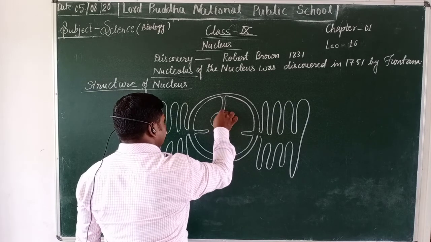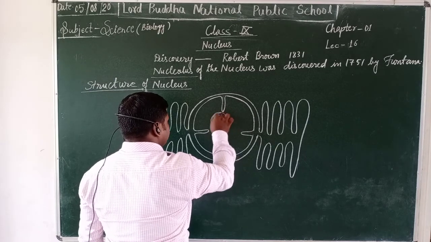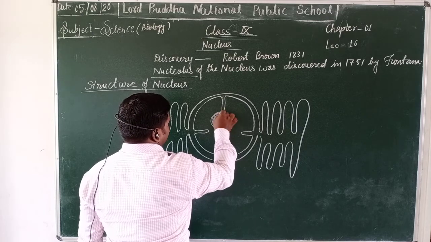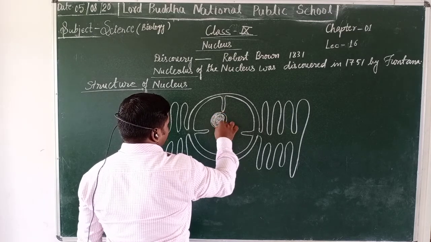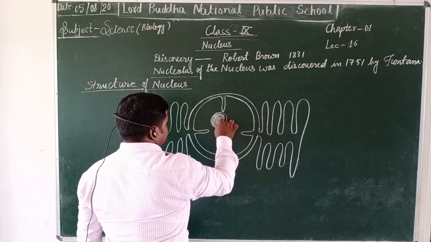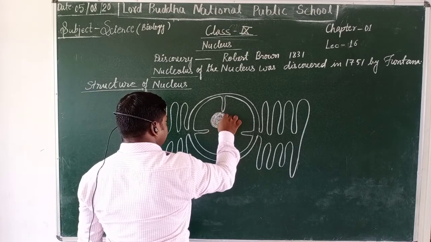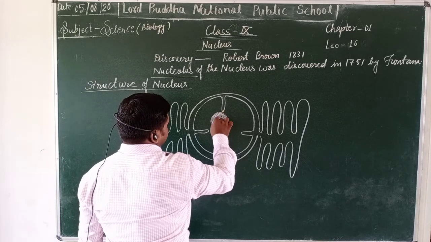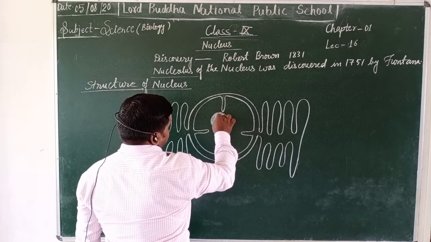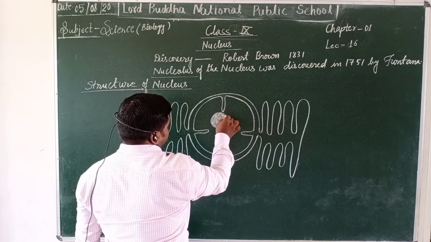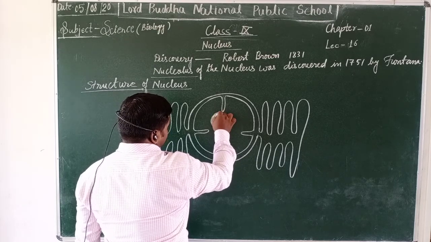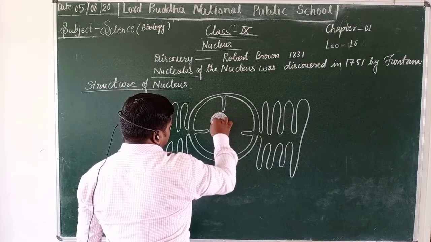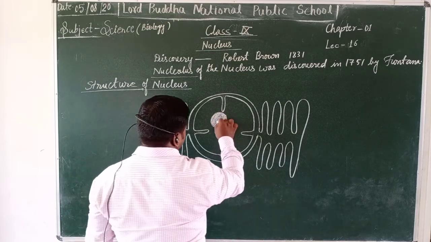Now students, we will know more about the parts of the nucleus. This is a central dense structure consisting of nucleic proteins like histone. There are mainly four types of histone proteins found inside the nucleus, namely H1, H2A, H2B and H3.